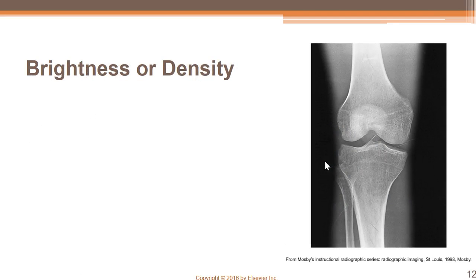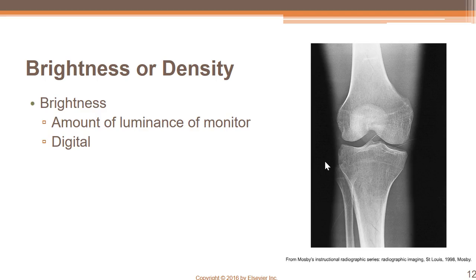Let's start with brightness. Now, brightness or density. How the radiograph is displayed determines whether to evaluate the image in terms of brightness or density. Digital images are typically displayed on a computer monitor, and film screen images are displayed on film. Digital images can be printed on film, but it's not the same type of film.